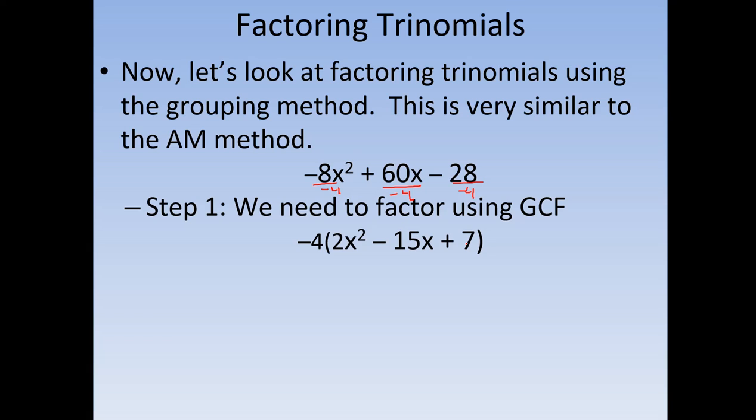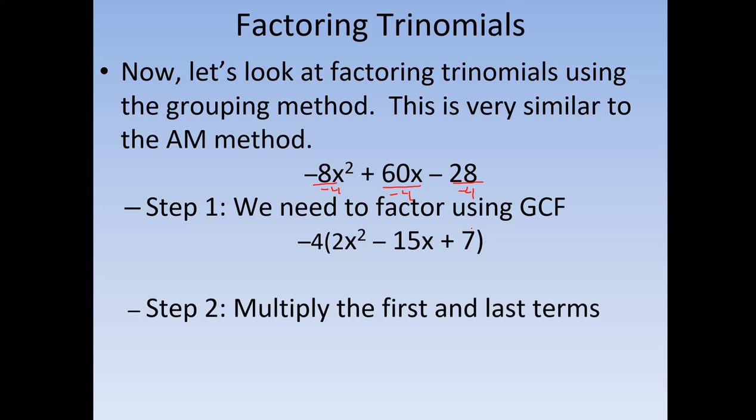Now, this is where we do a little bit like what we did with the AM method. Remember, the AM method was find 2 numbers that multiply to the last term and add to the middle term. So we're going to take that and tweak it a little bit. Instead of just finding numbers that multiply to this term, first we want to multiply the 2 and the 7, the first term and the last term.